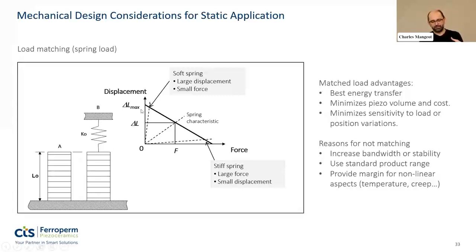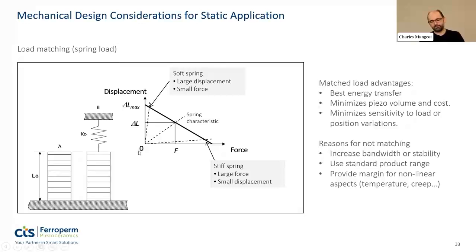If you look at this graph here, if you have a very soft spring, so the piezo pushing a very soft spring, you generate a large displacement, but a very low force. So in the end, the energy transfer, which is the product of force and displacement, is relatively low. And on the opposite side, if you have something that is very stiff, then the piezo will push as hard as it can, but it won't be able to generate much displacement. So here again, the energy transfer is very low.